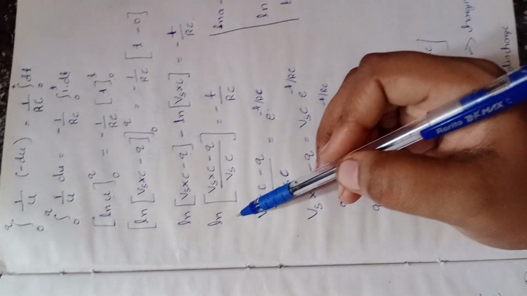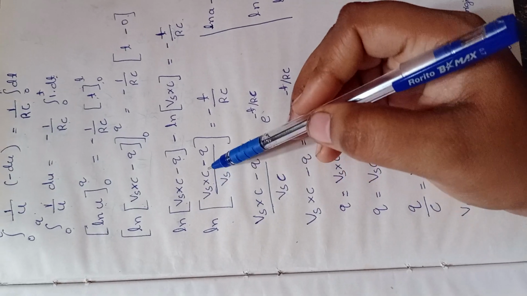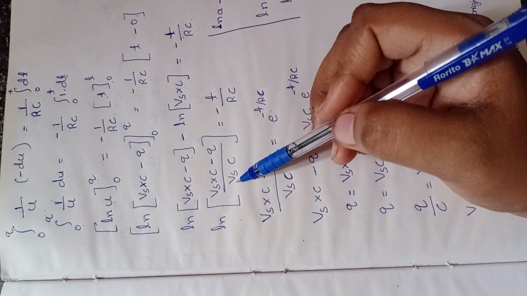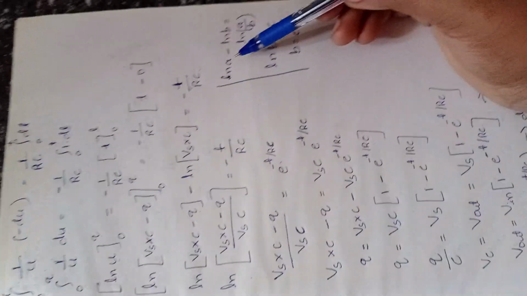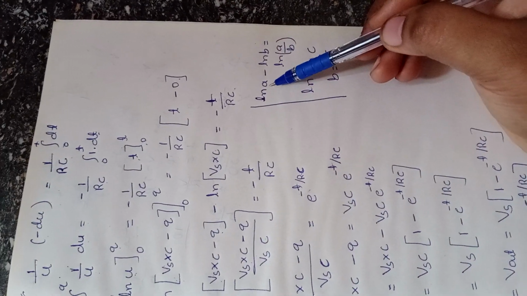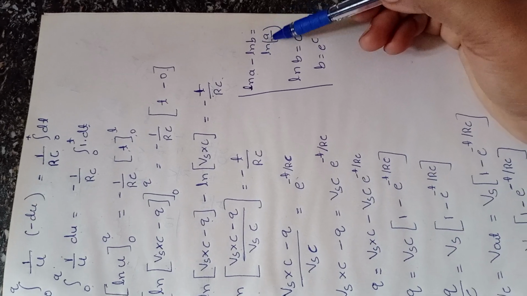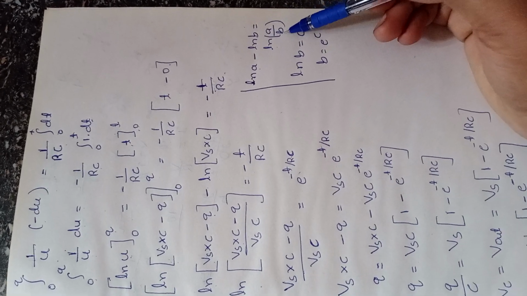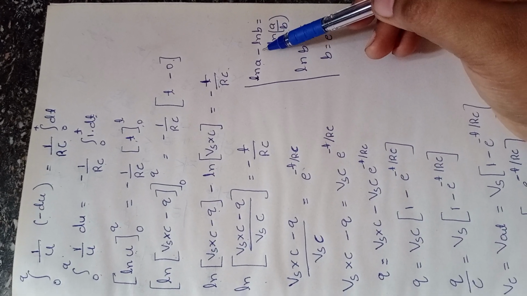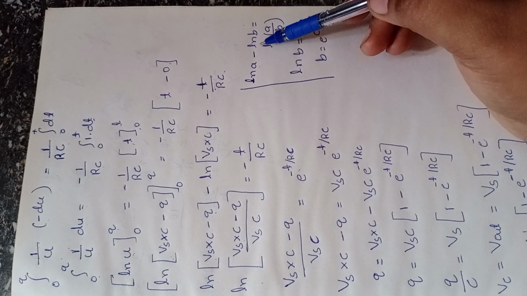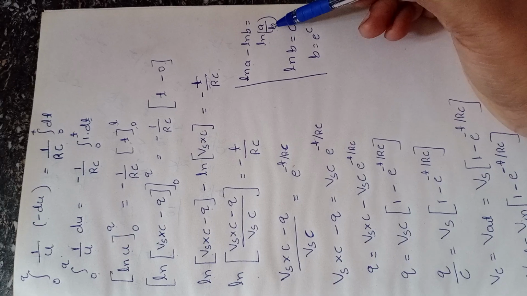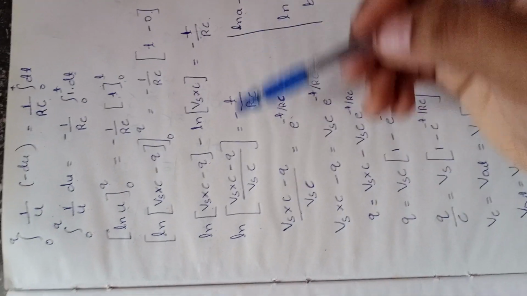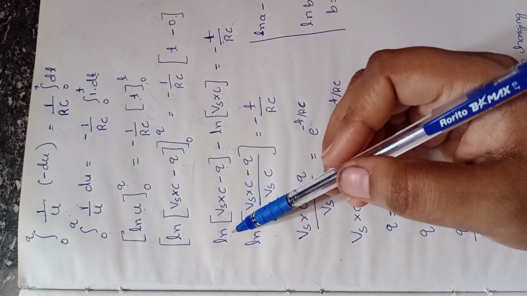So ln of Vs into C minus Q divided by Vs into C. How does this come? We know the logarithmic formula, ln A minus ln B is equal to ln of A by B. The negative term of the subtraction becomes the denominator of the ln term. That is how I have taken it here.